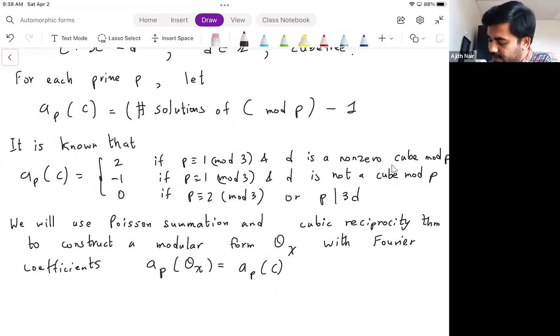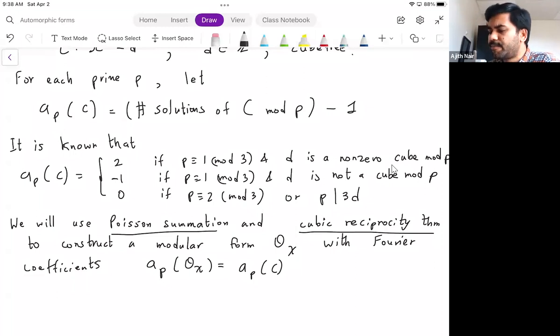Okay, so the idea is that we will use these two main ingredients in the construction, Poisson summation and cubic reciprocity. This is a very particular case of a more general construction, which was done, I believe, by Hecke.